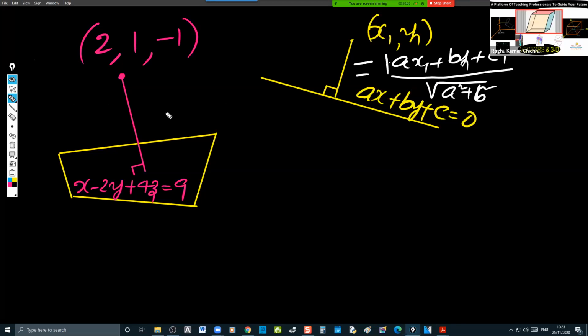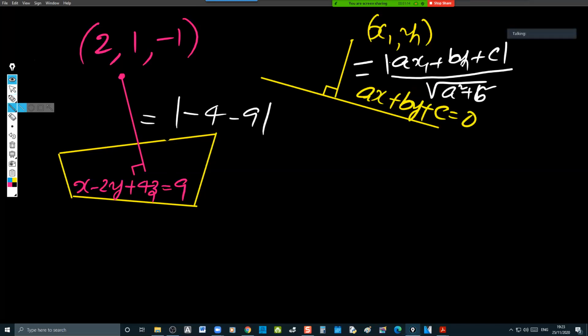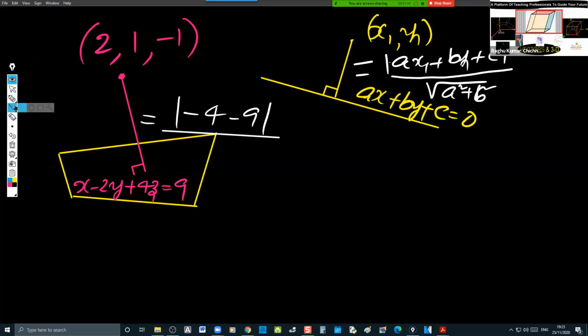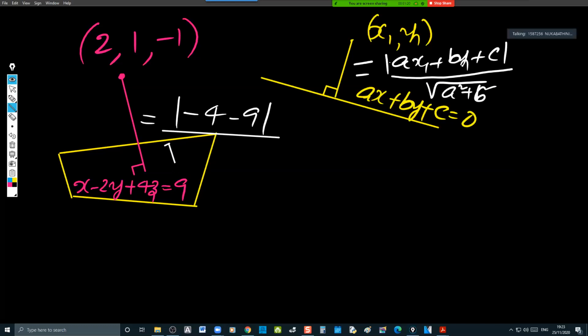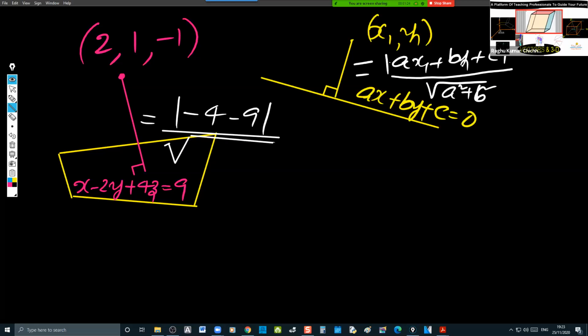That's good. Now let us apply this. This is modulus of, let me write that directly, 2 minus 2 getting cancelled, minus 4 minus 9, whole divided by root over a square plus b square plus c square.